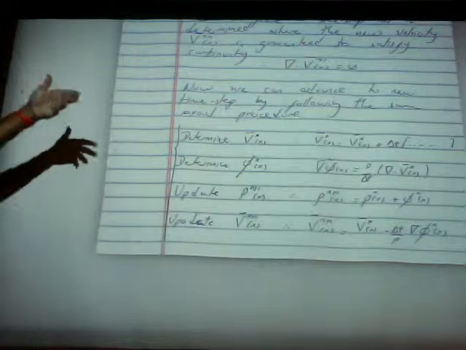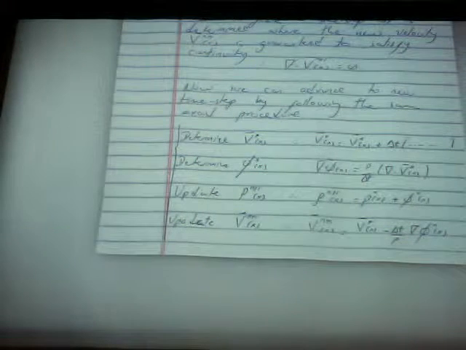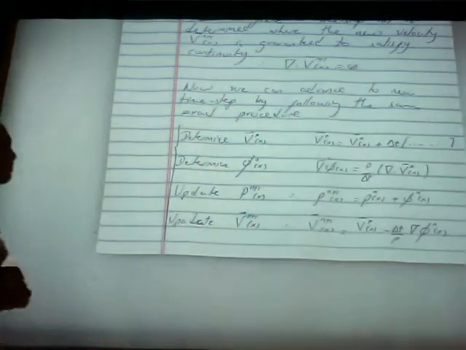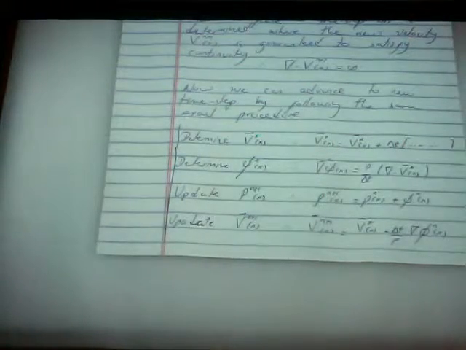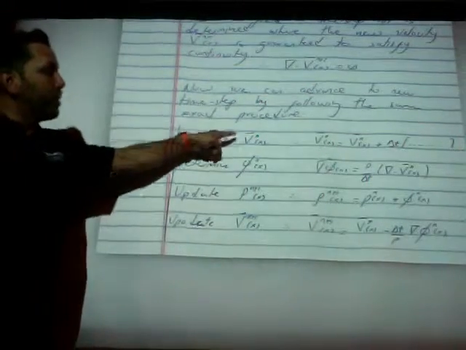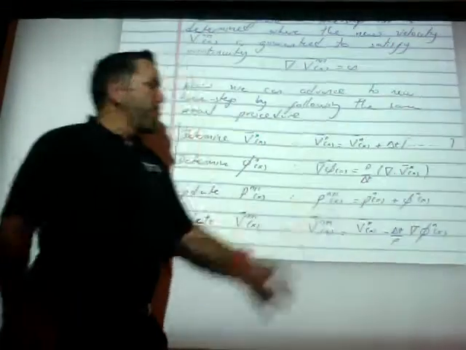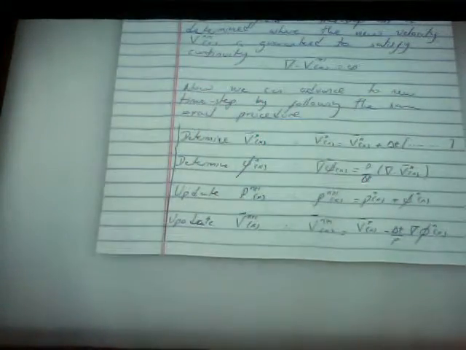This is a boundary value, initial value problem, right? So what do you need? Boundary conditions. You need boundary conditions for velocities, and for whatever you have equations. We have an equation for these and we have an equation for these. We don't need boundary conditions for these because they're updated automatically.